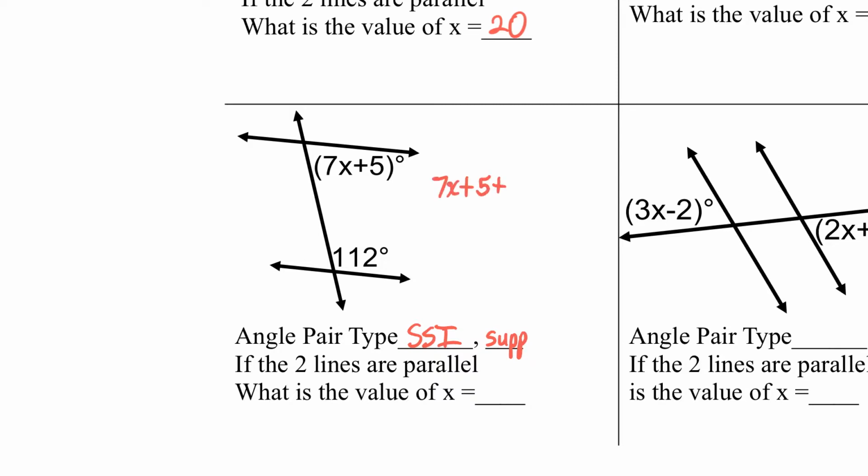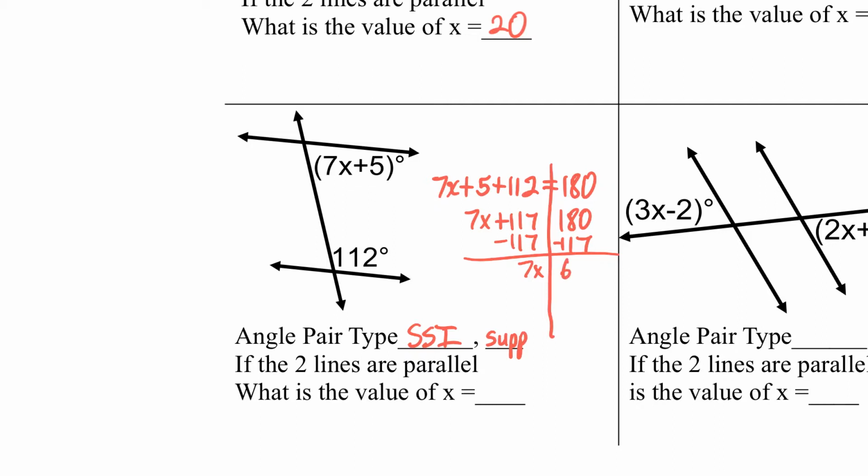Plus 112 equals 180. Yep. So 7x plus 117 equals 180. So 80, 70, 63. So x equals 9.